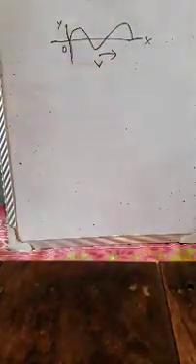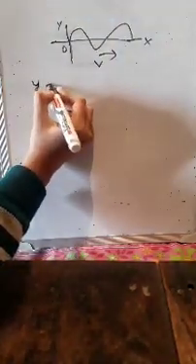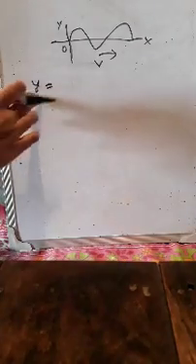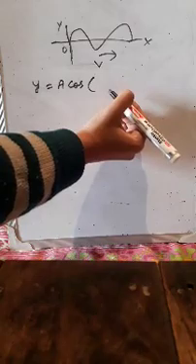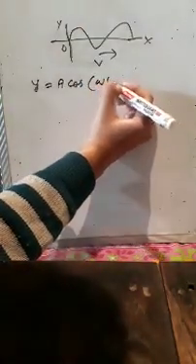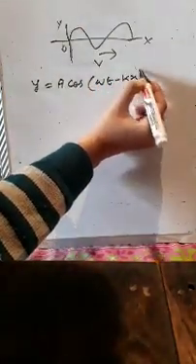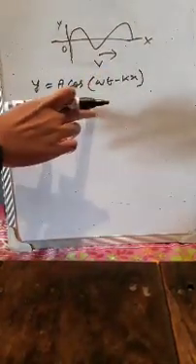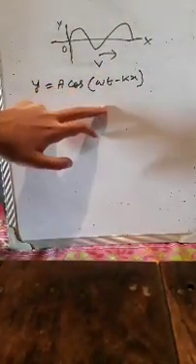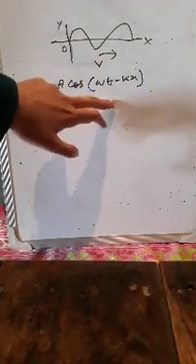Y, the displacement, equals a cos (omega t minus kx). These terms we have seen in previous cases; omega t minus kx is the angular wave function.